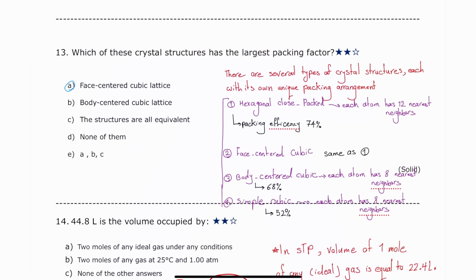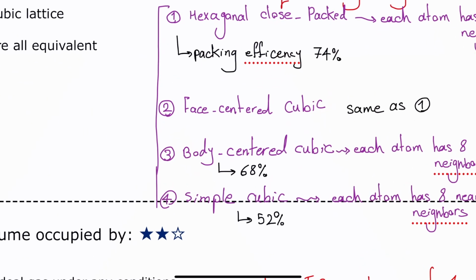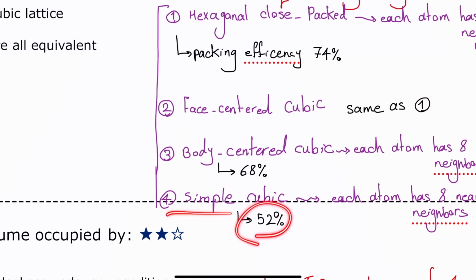Okay, the next question is not that hard, it's more based on theory. Which of these crystal structures has the largest packing factor? It's just something you must memorize, and here I brought a summary. Several types of crystal structure: hexagonal close packed has a packing efficiency of 74%, face centered cubic is the same, 74, body centered is 68, and simple cubic is 52%.